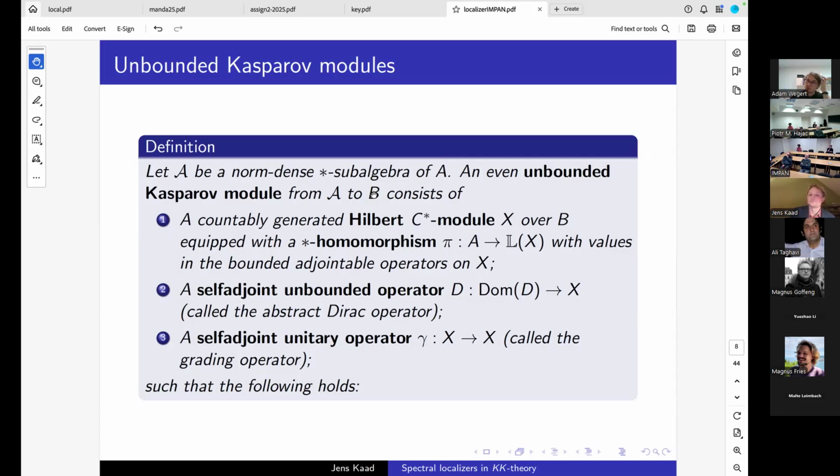Okay, so once again, we don't think about this unbounded Kasparov module as a geometric object, but rather a way of turning one geometric object into another. And we are interested in geometric properties of these algebras A and B, corresponding manifolds, for example.